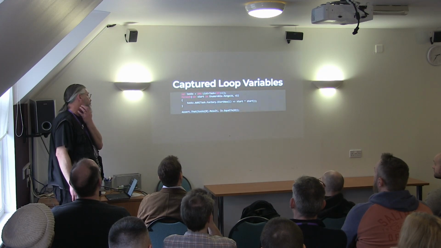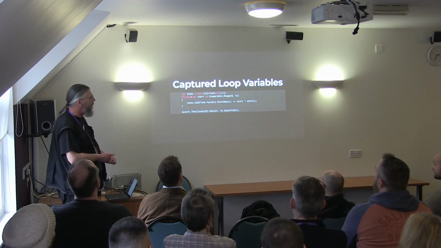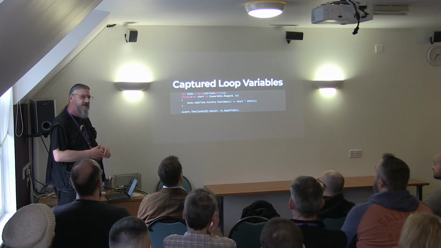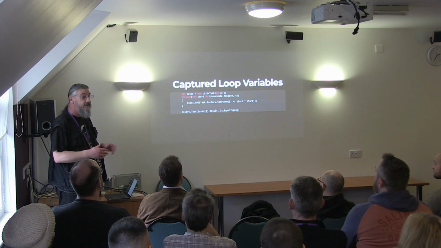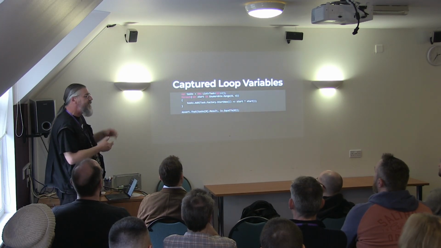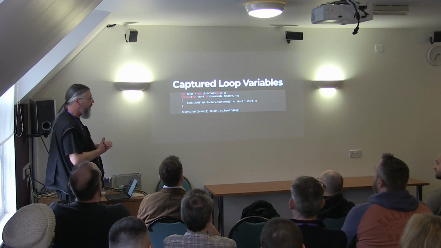So one of those things is loop variables. Is everybody in the room reasonably familiar with C sharp syntax? Can anybody not? Okay, good. This is a reasonably classic example of how things have changed in C sharp.